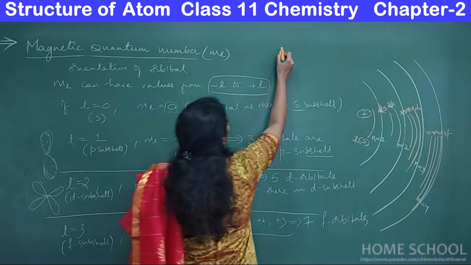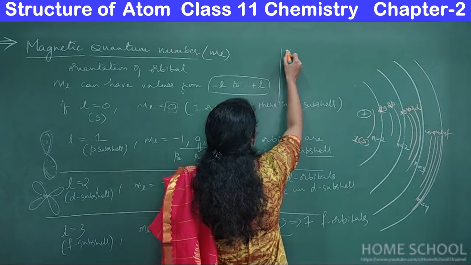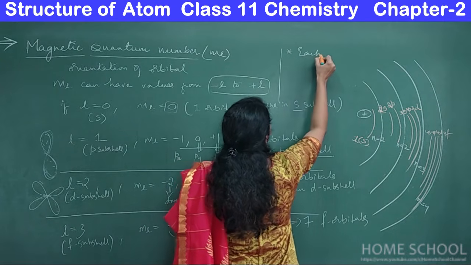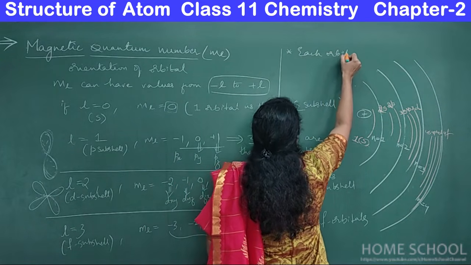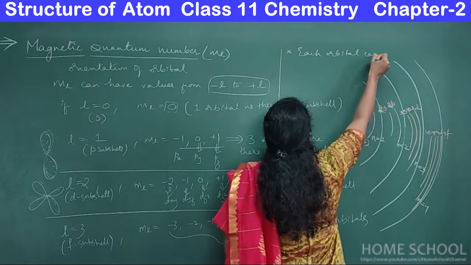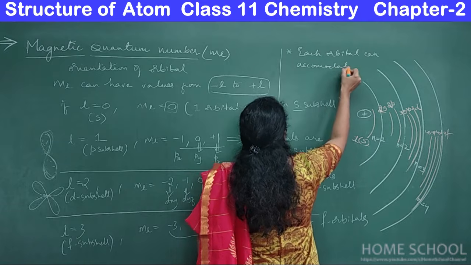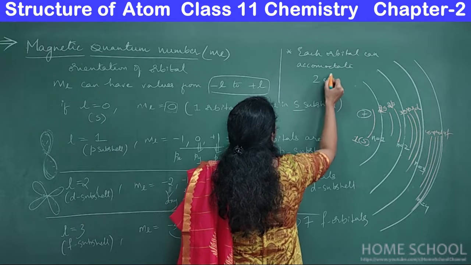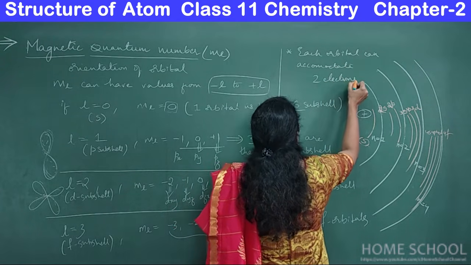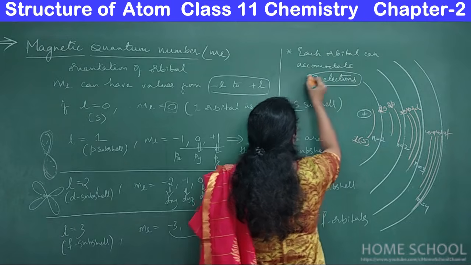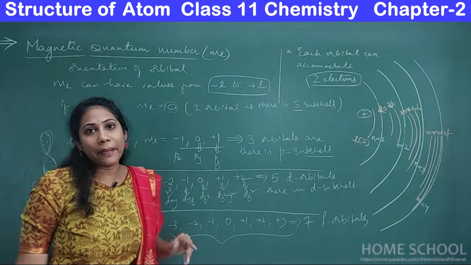Okay, so this point, what I am writing here, is very important. Each orbital can accommodate 2 electrons. Only 2 electrons can stay in each orbital. Remember.